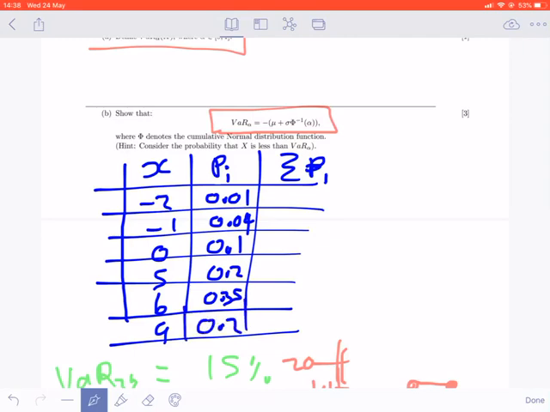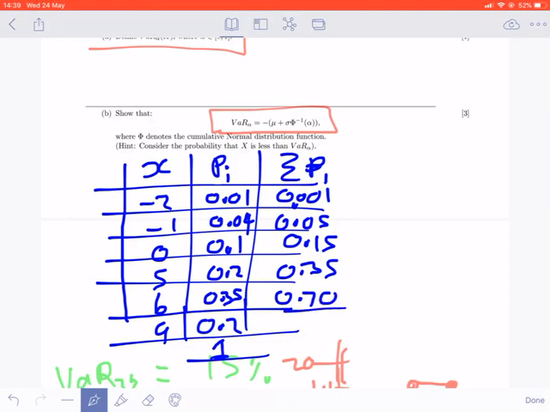I hope they all add up to 1. My advice is that you should have this table with your cumulative probabilities: 0.01, 0.05, 0.15, 0.35, 0.70, and then 1.